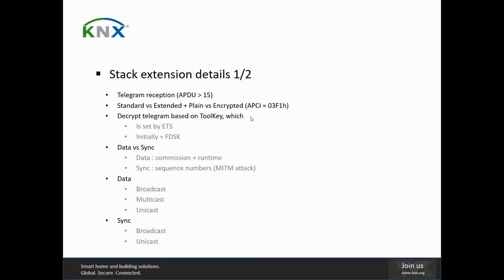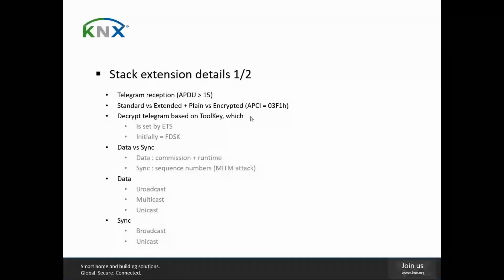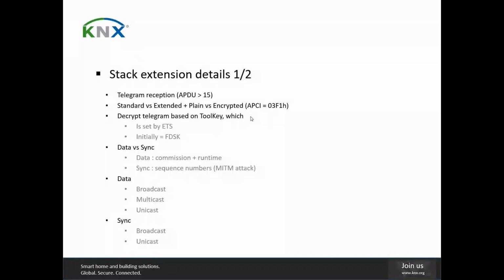There's just one tool key per device. This tool key is automatically calculated or selected, if you want, by ETS from the moment you add the secure device to the ETS project. So it's not even something you can influence as an ETS user.